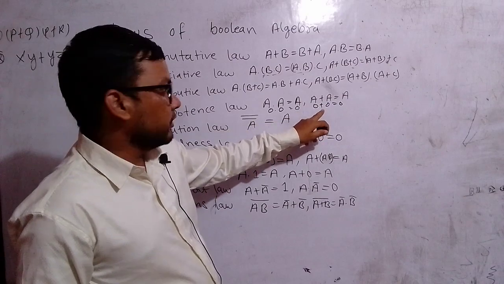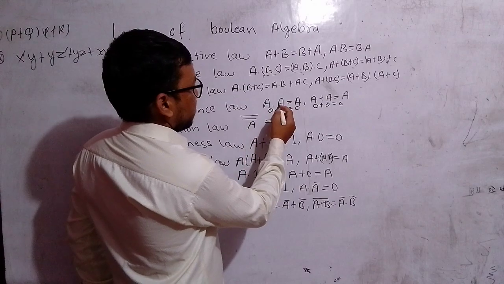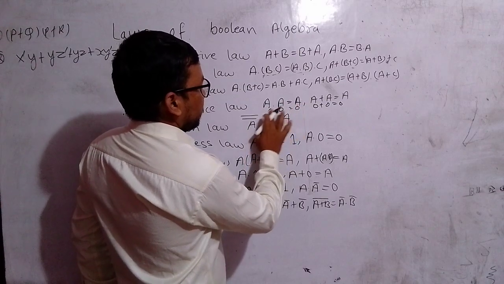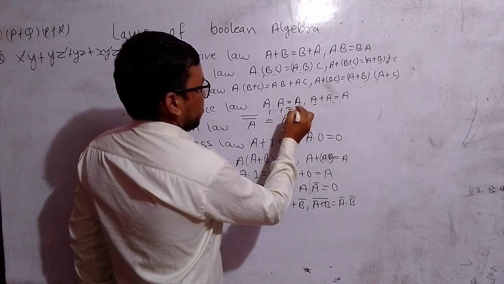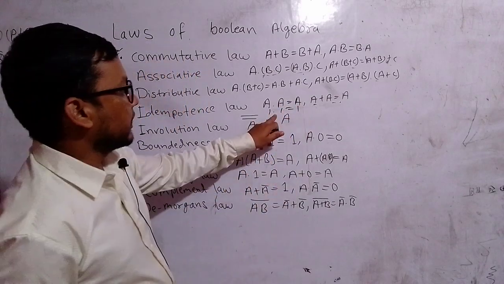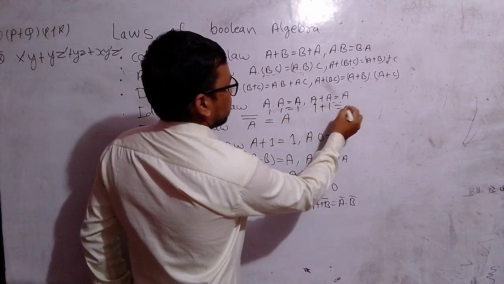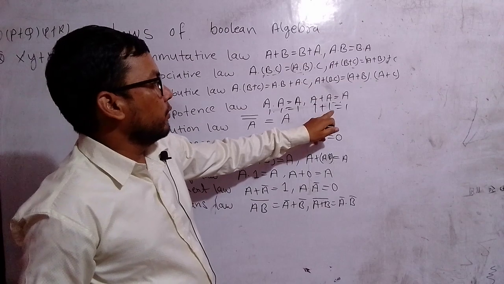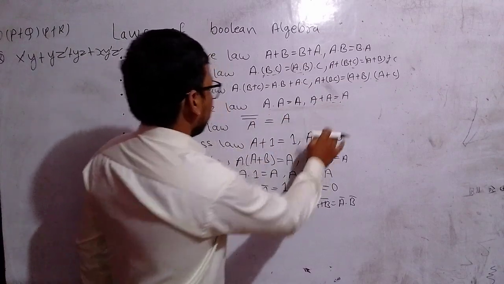This is the characteristic of the OR gate and this is the characteristic of the AND gate. That means A dot A means A. Now if A is equal to 1, 1 dot 1 equals 1, here dot means AND. 1 AND 1 gives 1. 1 plus 1 gives 1. 1 OR 1 gives 1. That means the idempotence rule is satisfied.